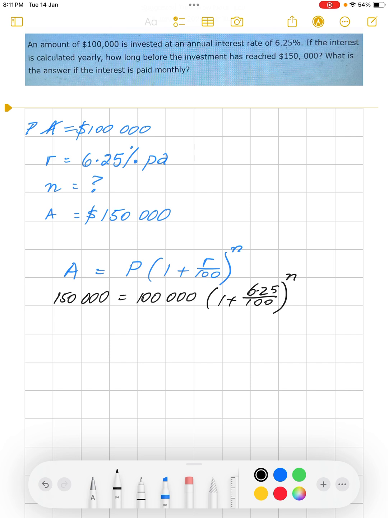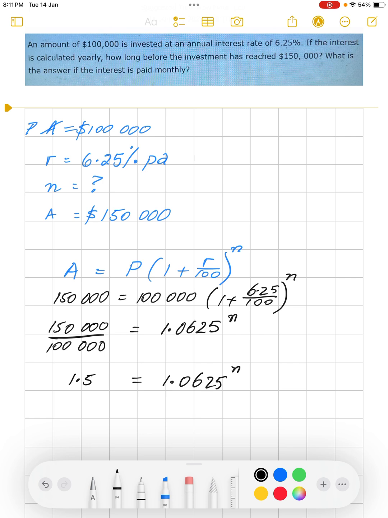So we could take 150,000 and divide that by 100,000, and this becomes 1.5 equals 1.0625 to the power of n.